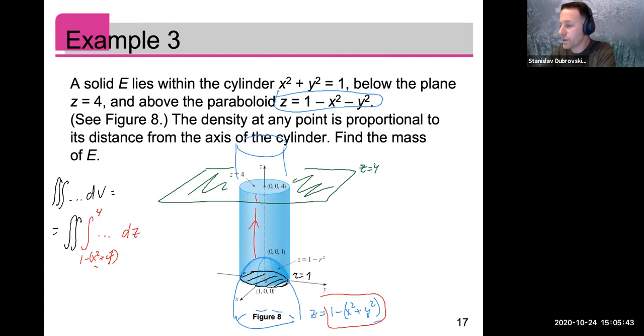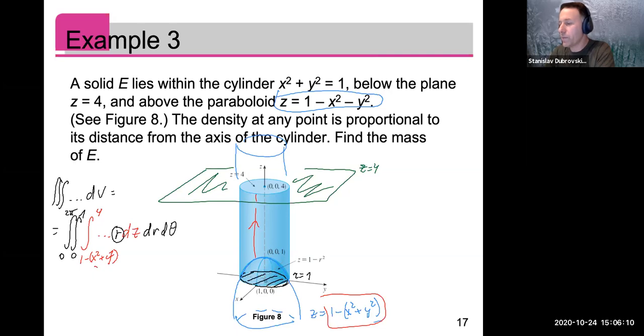But the disk is a simple thing, so dr d theta. Or maybe at this point you think it's r dr d theta. So that's when you remember the conversion factor, if you didn't remember it from the beginning. So r dr d theta, and r goes from 0 until 1, a perfect polar rectangle, and theta will be from 0 until 2 pi.